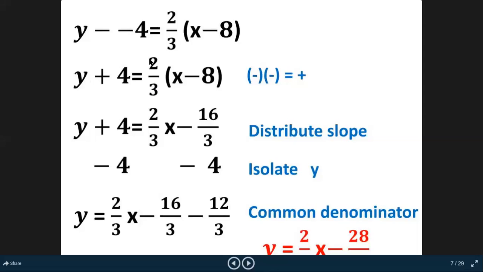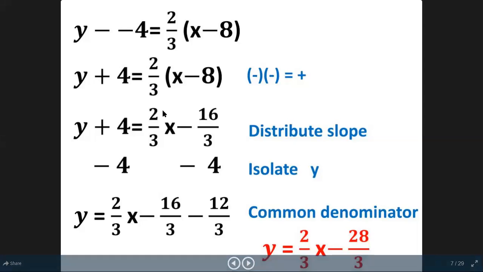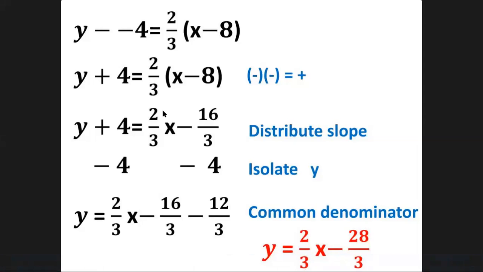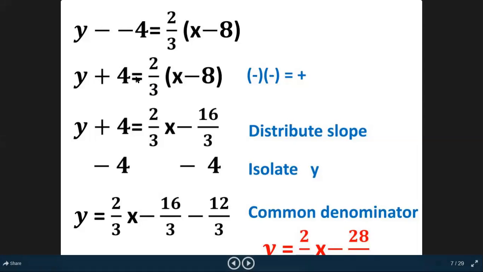Here is how we transfer point-slope form to slope-intercept form. We distribute 2 over 3 over x and over minus 8. 2 over 3 times negative 8 is negative 16 over 3. Then we rearrange to write it in slope-intercept form.